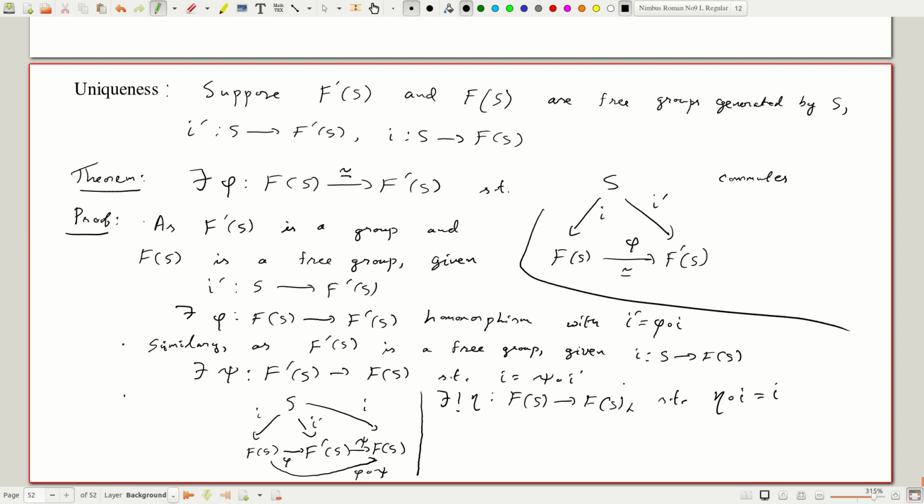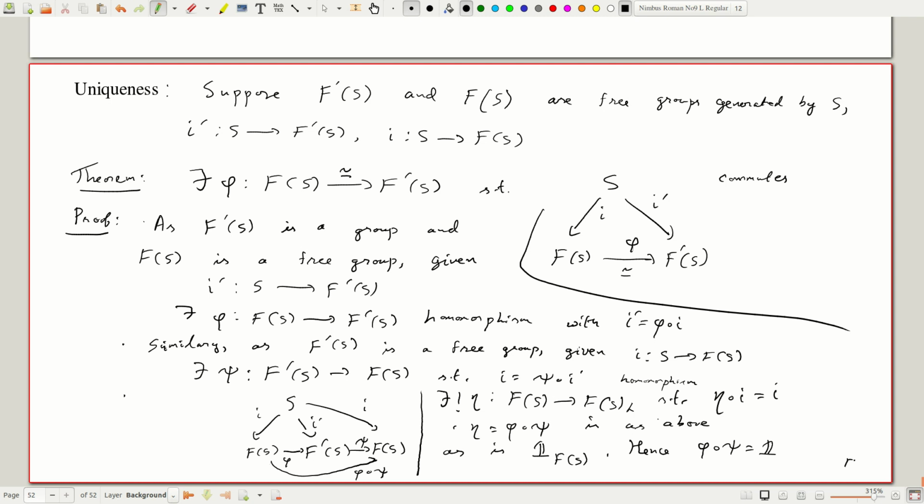So there's a unique homomorphism eta. I called it eta temporarily, but you can see there are two different concrete homomorphisms. Eta equals Psi composed with phi, as our diagram shows. And of course there's an obvious map, the identity on F of S. Hence, by uniqueness, Psi composed with phi is the identity.